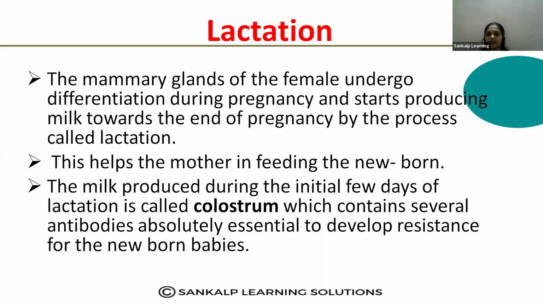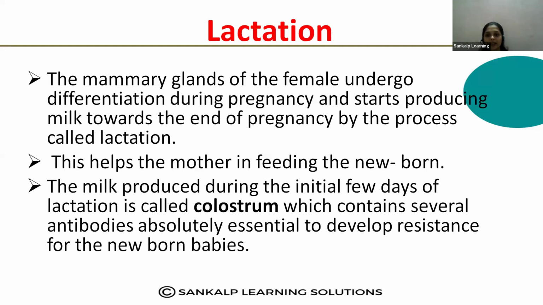Then lactation. The mammary glands of the female undergo differentiation during the pregnancy. So towards the end of the pregnancy, milk production takes place in the mammary glands. During the pregnancy, the mammary glands are undergoing differentiation.